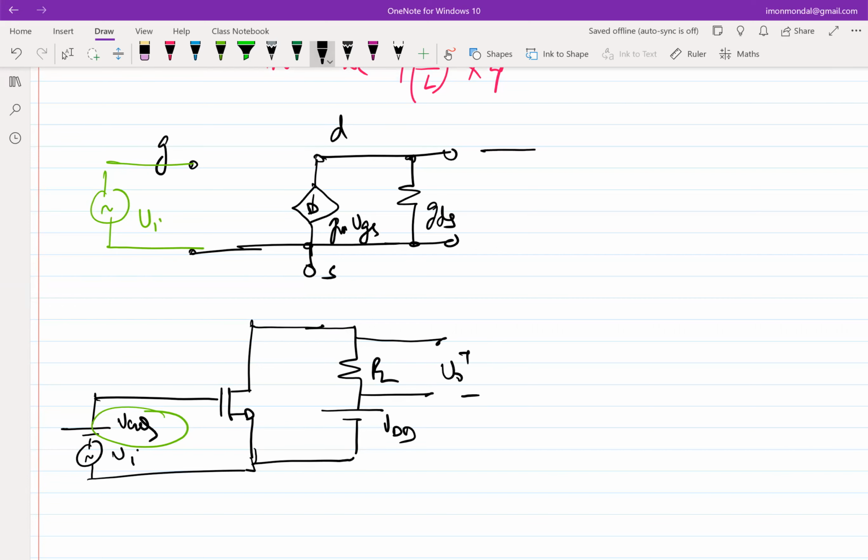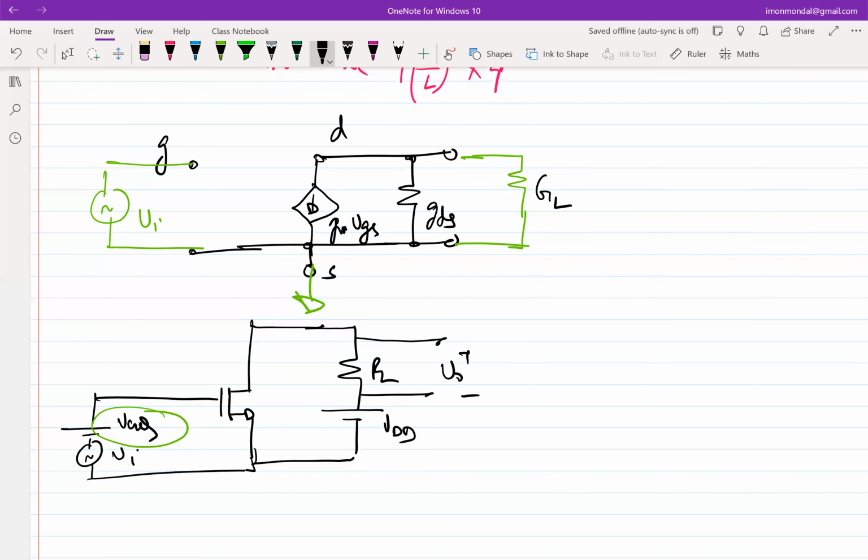Between drain and ground. And what is ground in our case? Ground is source, so essentially this is ground. That's very convenient. So this becomes RL, and since we are dealing with conductance, let me call it GL.